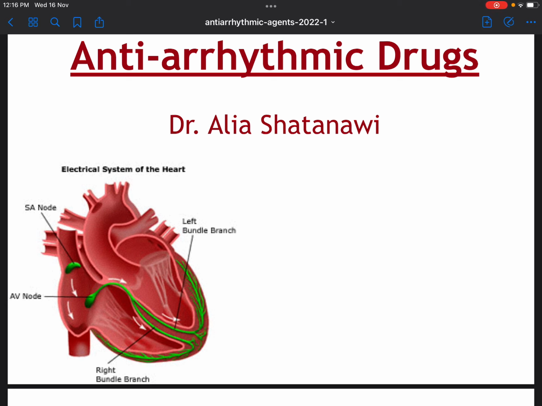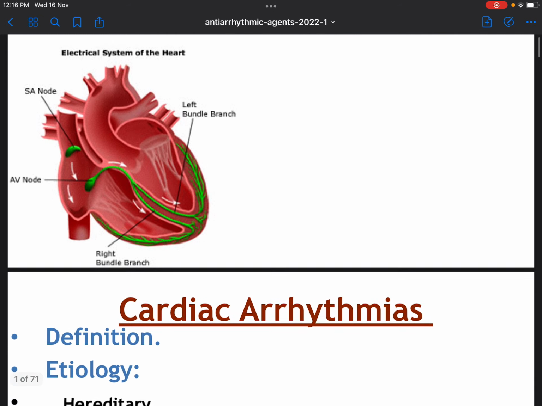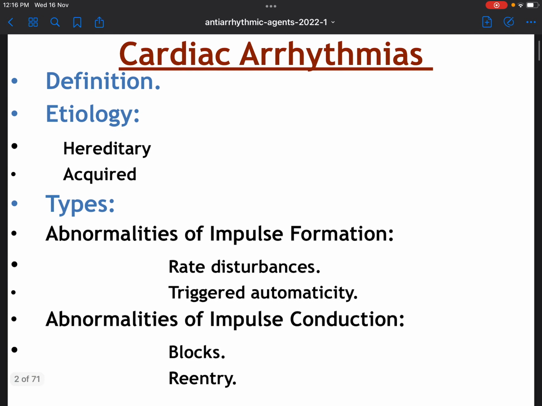So what are the types? We're going to go back and talk about the etiology in a bit, but what are the types of cardiac arrhythmias? Again, we have abnormalities of impulse formation: rate disturbances, tachyarrhythmia, bradyarrhythmia, and triggered automaticity, where non-pacemaker cells become pacemaker cells. And then we have abnormalities of impulse conduction, and we're going to focus a little bit on some of these.